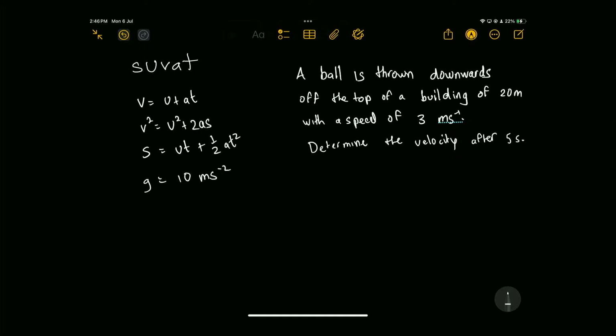Just for this example, we'll leave it as 10 meters per second squared, just for simplification. So I'm changing this question, I'm changing it to 0.5 seconds.